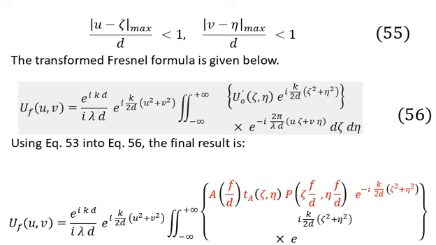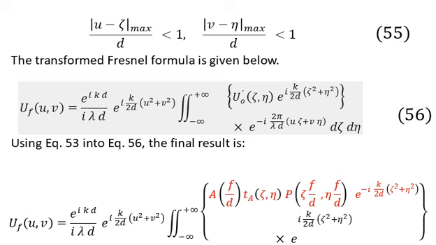In the integral there is an exponential, e to the power minus iota 2 pi over lambda d, and within the parenthesis we have u zeta plus v eta. Actually this is the exponential that appears in the definition of the Fourier transform integral. So the explanation of equation number 56 is complete.